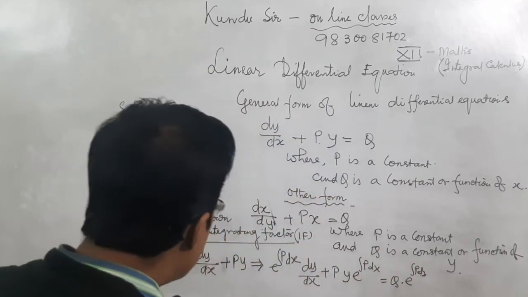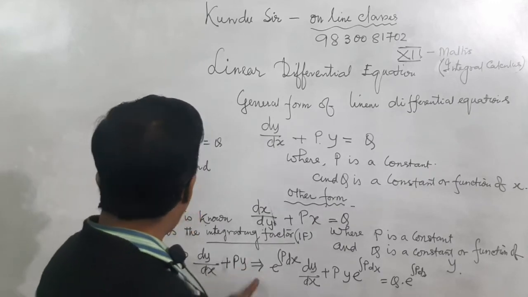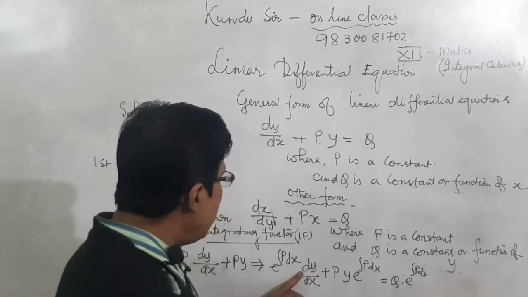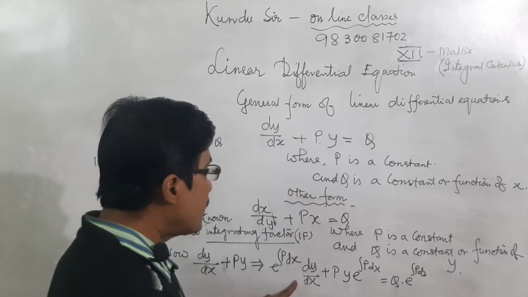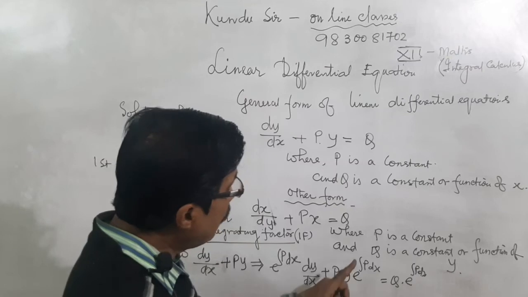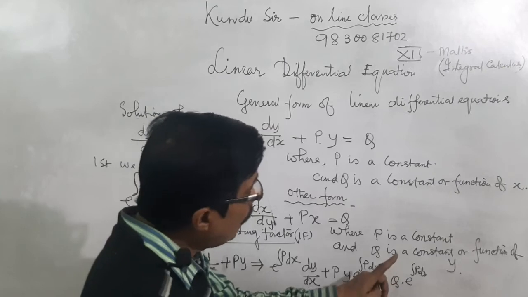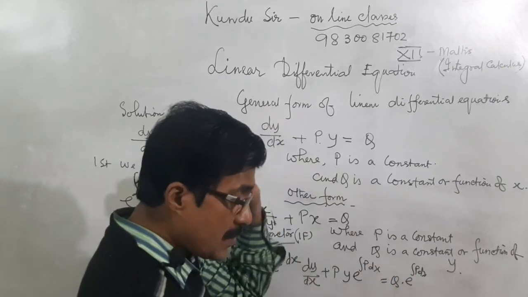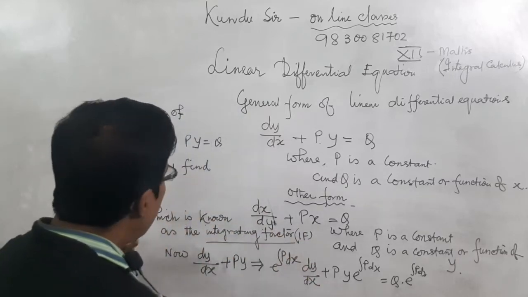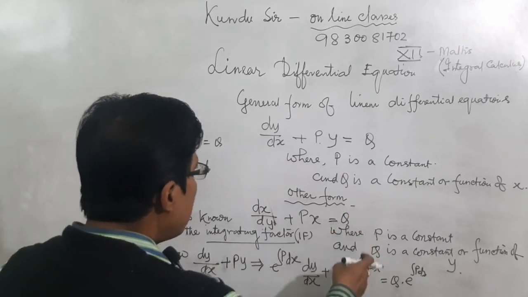Now dy dx plus Py equal to, we have e^(∫P dx) dy dx plus P into y into e^(∫P dx) equal to Q into e^(∫P dx), that is equal to this, and this term is called the integrating factor. It is the integrating factor.